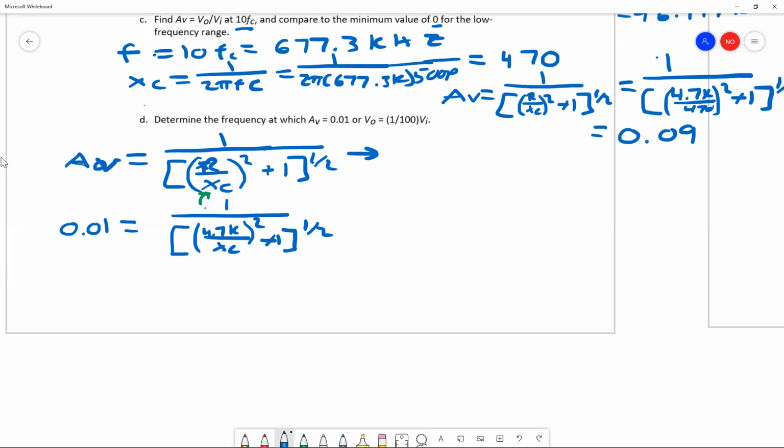What you do is find the reciprocal of both parts. So you would just flip both parts underneath the fraction bar, and then square them. You would get something like 1 over AV squared equals R squared over XC squared plus 1. Then you would rearrange that. You would subtract 1 on both sides. Then you would square root both sides and flip that to the bottom.